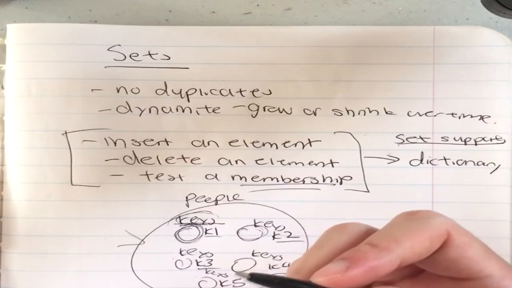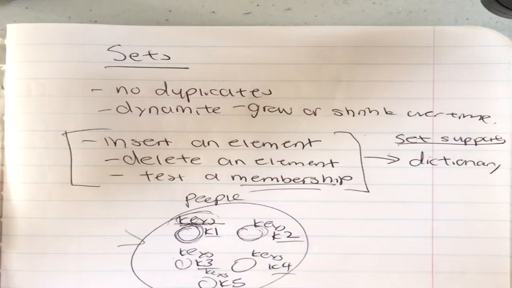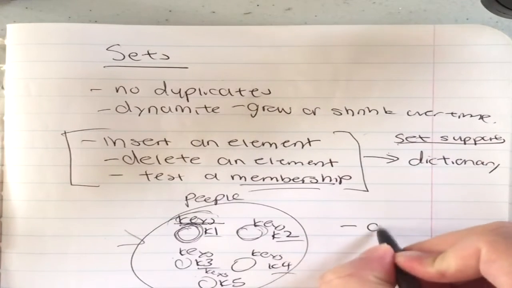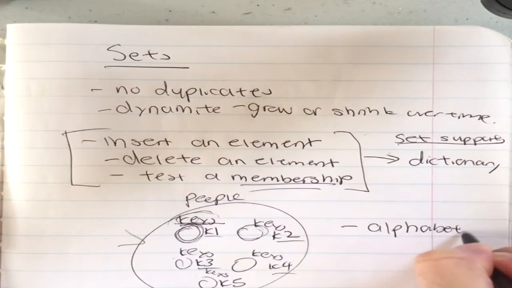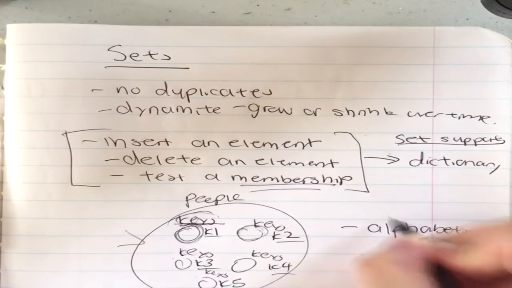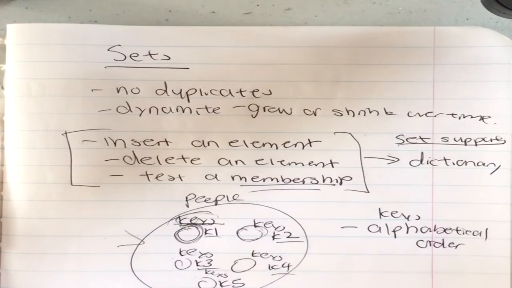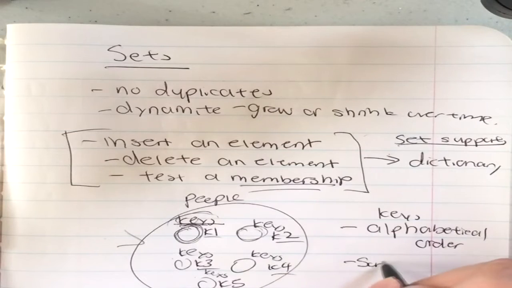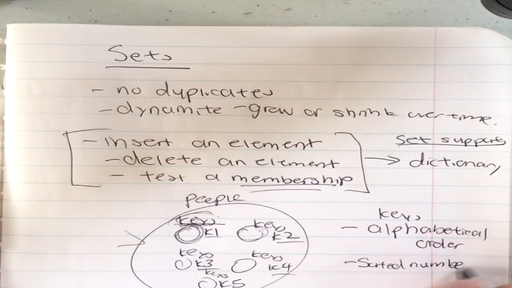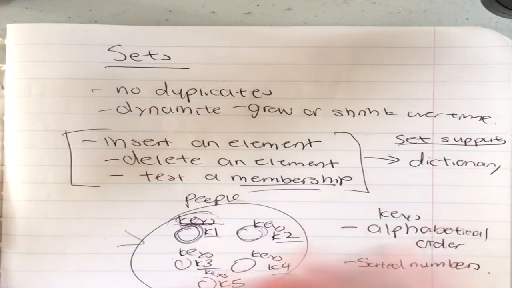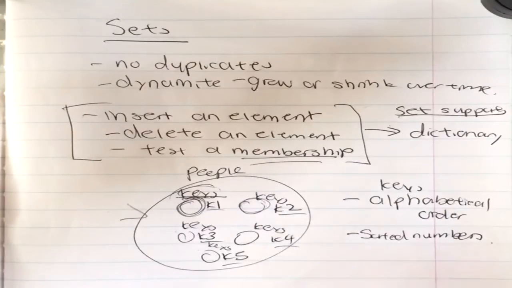Some dynamic sets are ordered, where the keys are totally ordered. Sometimes they order the keys alphabetically. Sometimes they're not. If there are numbers, it's sorted order. It really depends on what set it is. A specific set doesn't have to have certain types of attributes like this.